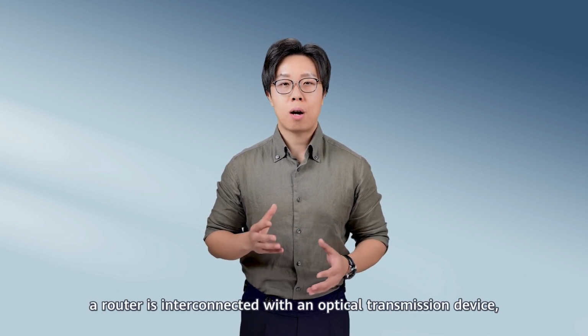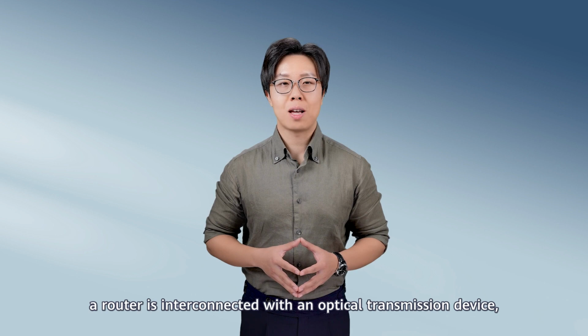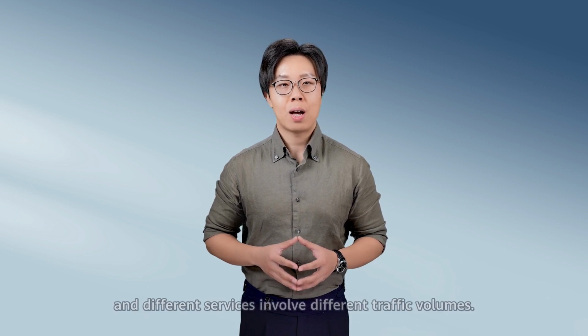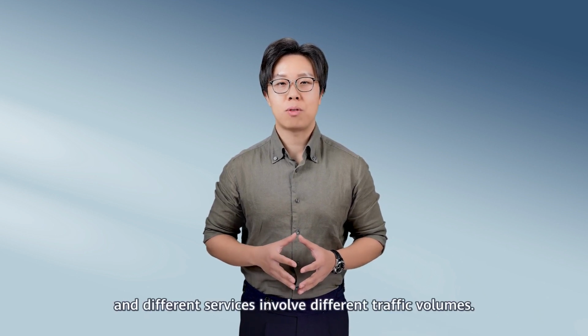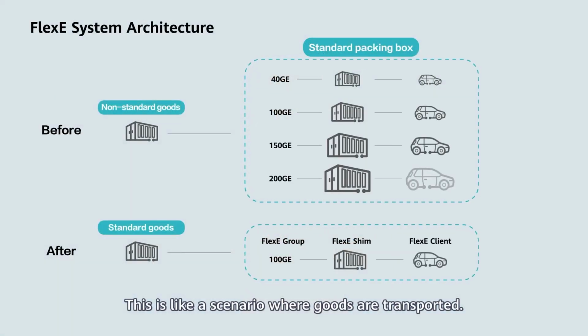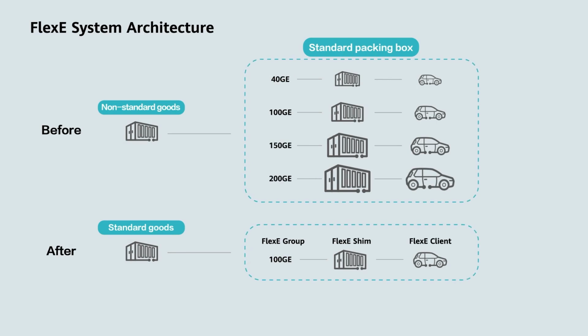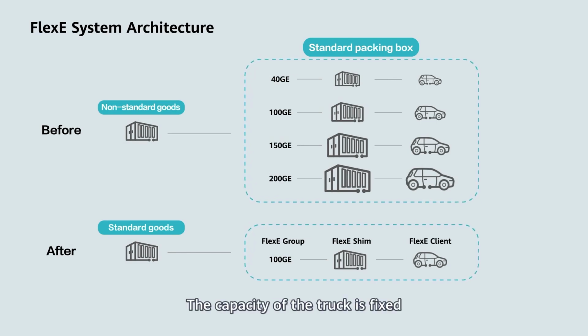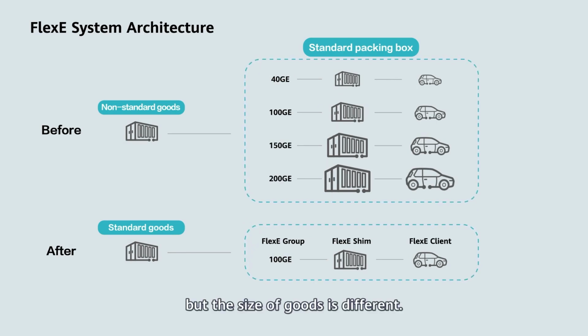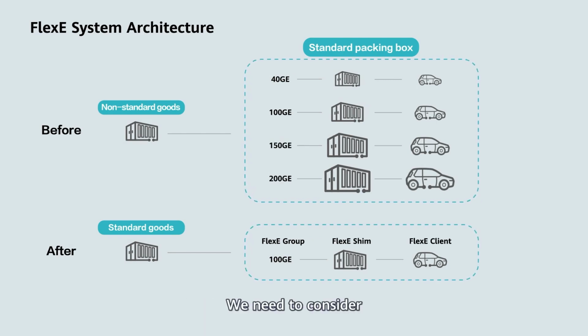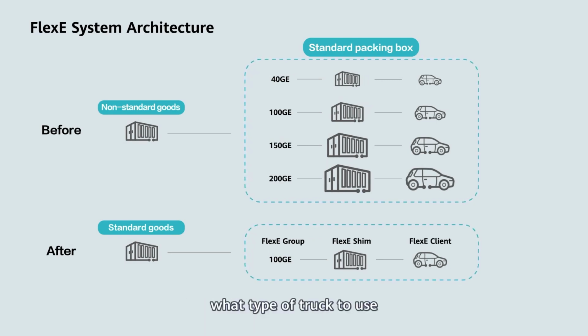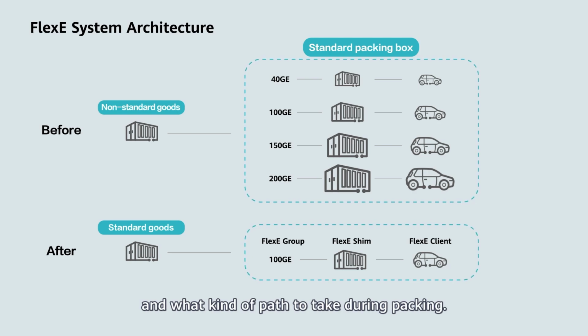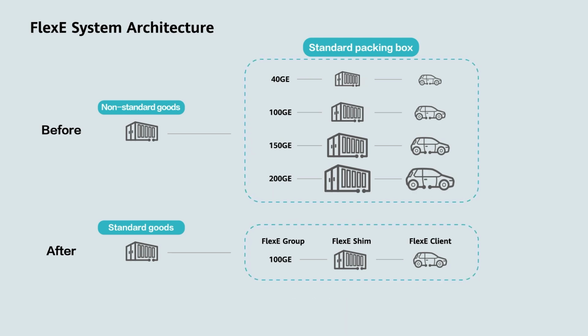For example, a router is interconnected with an optical transmission device, and the different services involve different traffic volumes. This is like a scenario where goods are transported. The capacity of the truck is fixed, but the size of goods is different. We need to consider what type of truck to use and what kind of paths to take during packing.